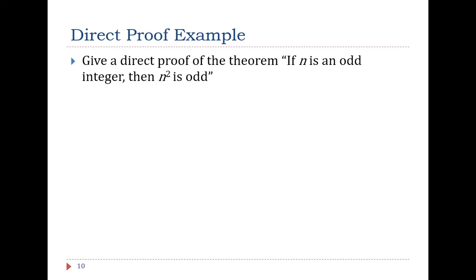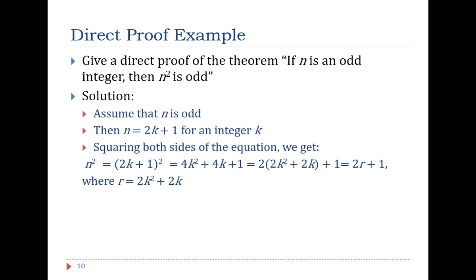Well, (2k plus 1) squared is equal to 4k squared plus 4k plus 1, which is 2 times parentheses something plus 1 at the end. Okay, and this is the exact definition of an odd number. So n squared must necessarily be odd too. Okay, so I think you have the proof in the slides. You can rewrite it as 2r plus 1, where r is equal to 2k squared plus 2k.